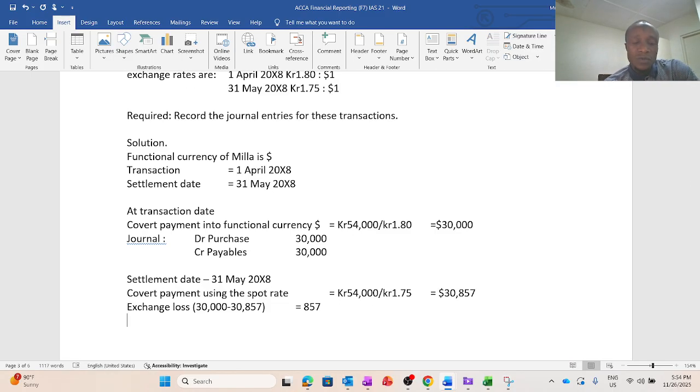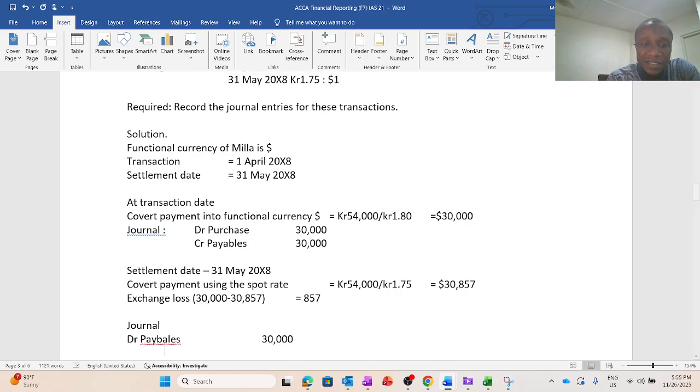So now the double entry, the journal. Since we have credited our payables, we are going to debit the payables to offset the amount, debit payables by 30,000, so we can zeroize it.